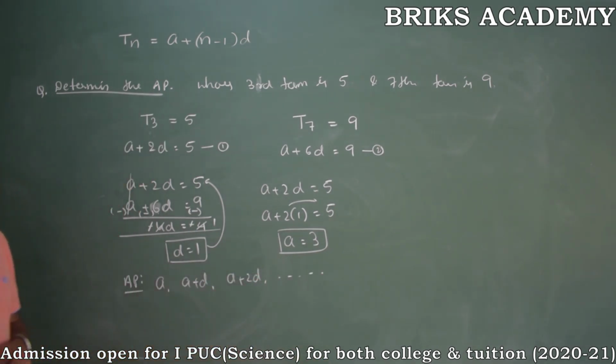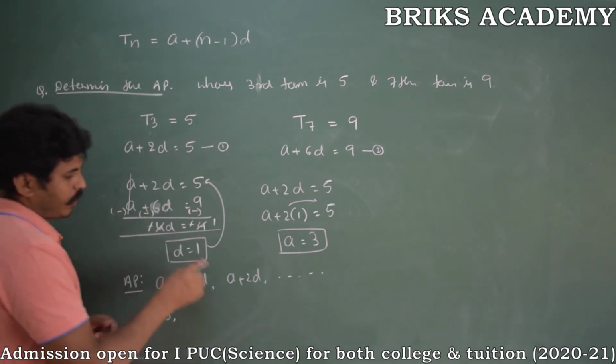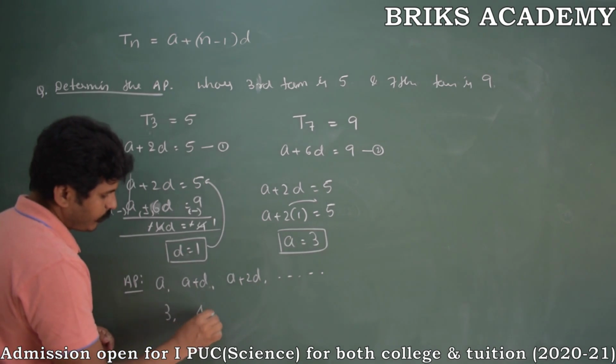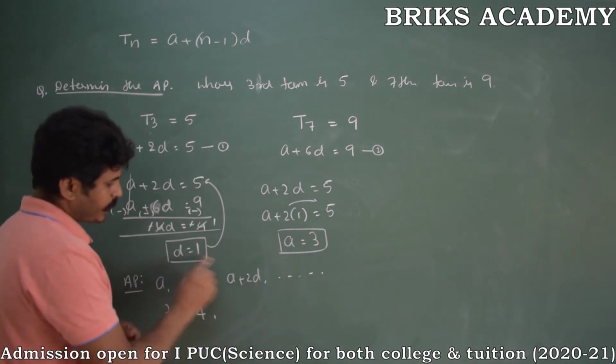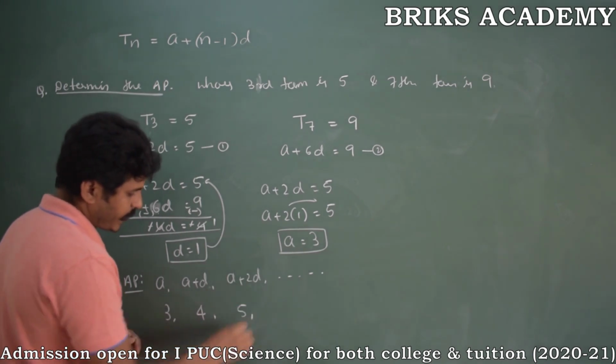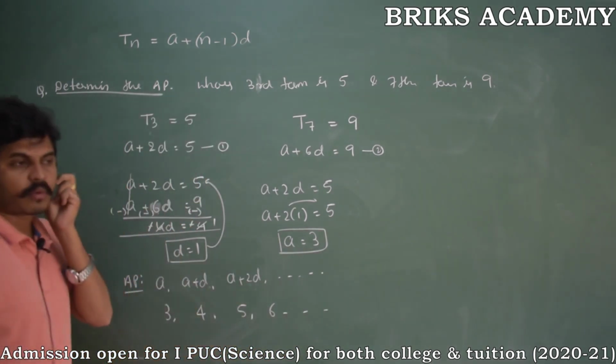What is a? a is 3. What is d? d is 1. a plus d, 3 plus 1 is 4. 1 into 2 is 2, 2 plus 3 is 5, then 6 and so on. This is your required AP.